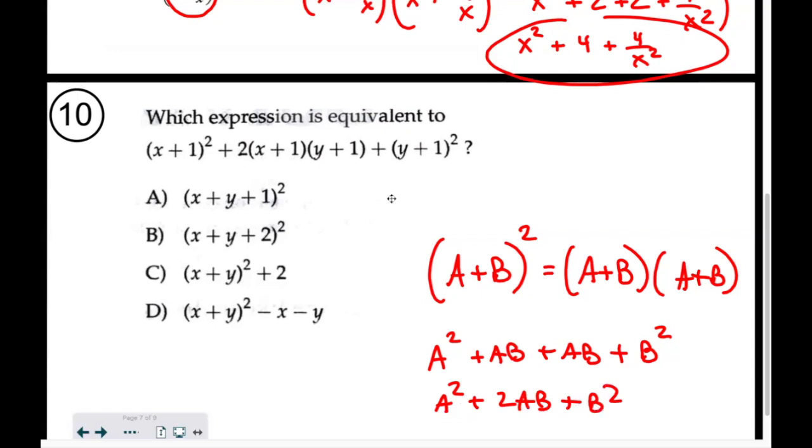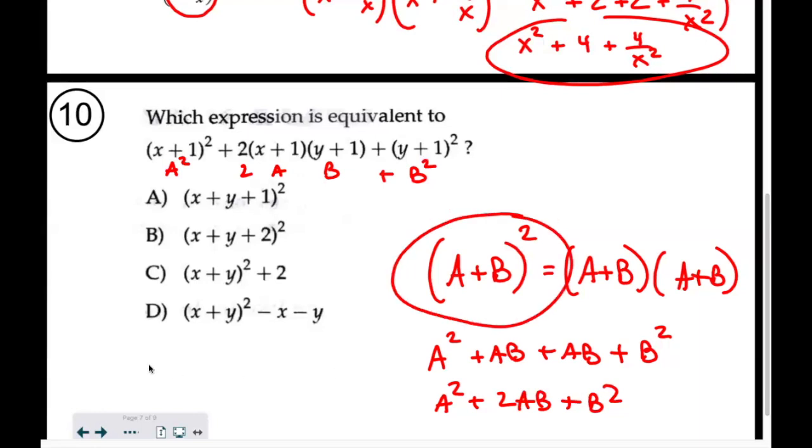So notice this. This is like a squared plus 2ab plus b squared. I can put the squares here. Which means this is the same as a plus b quantity squared, where a is x plus 1 and b is y plus 1.